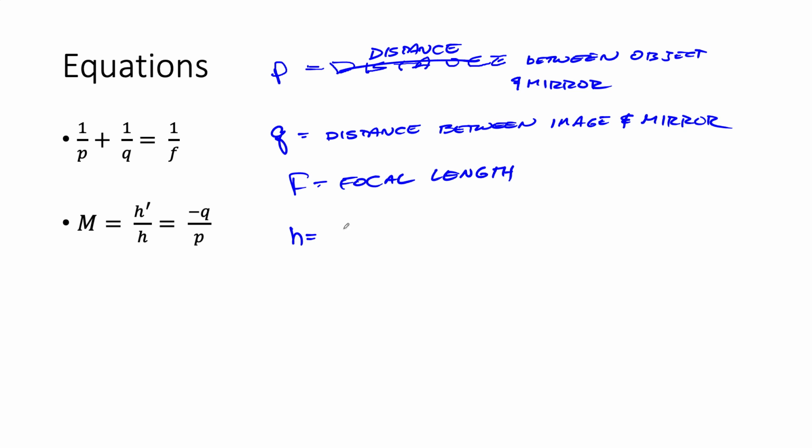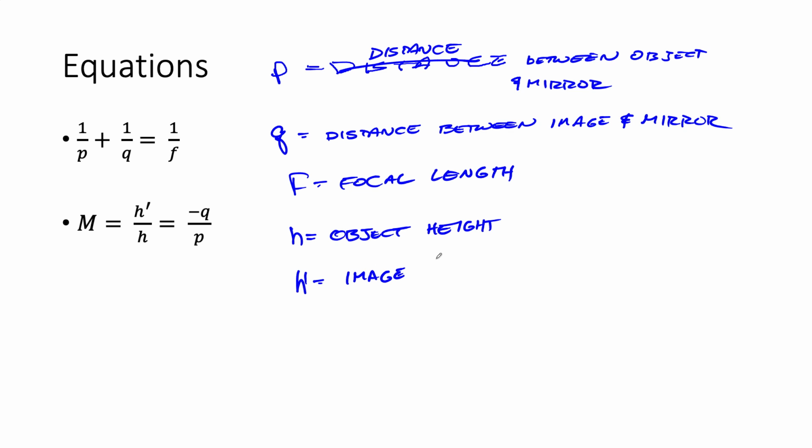H is the object height, or one measurement. It could be the height, width, whatever. So be aware, it may not say height, but it may say how long it is or how round it is. It's the object's measurements. H prime is the image height.